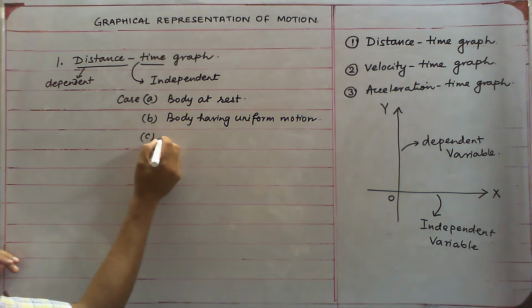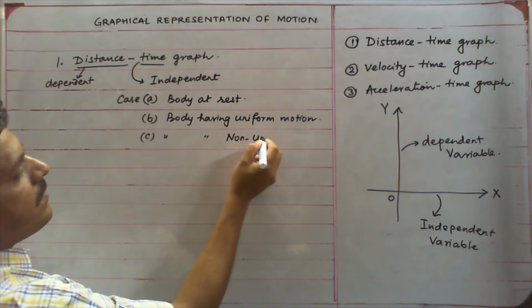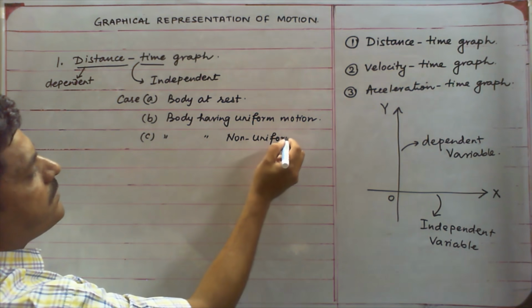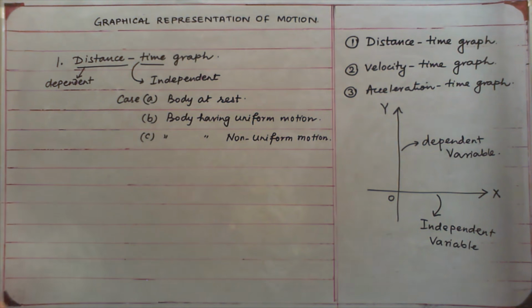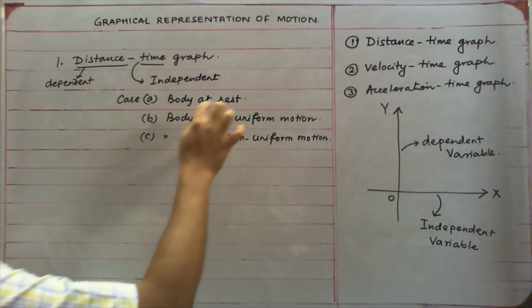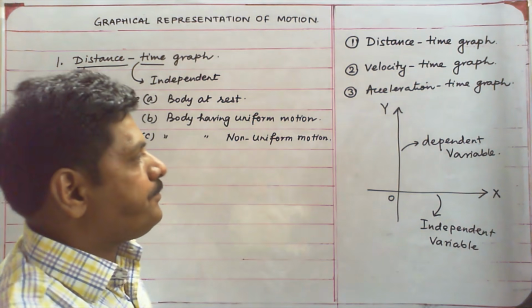And third one is body having non-uniform motion. So we would be talking about these three separately. Let us start with the first one, body at rest.